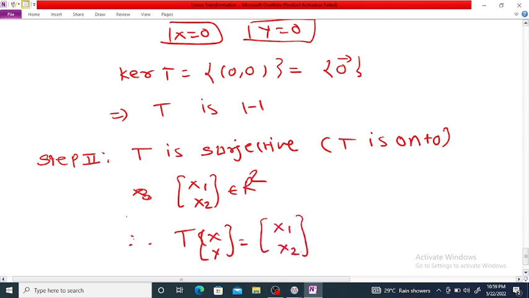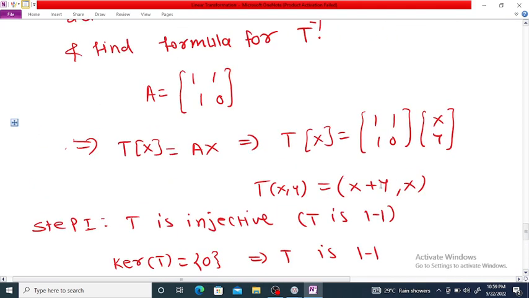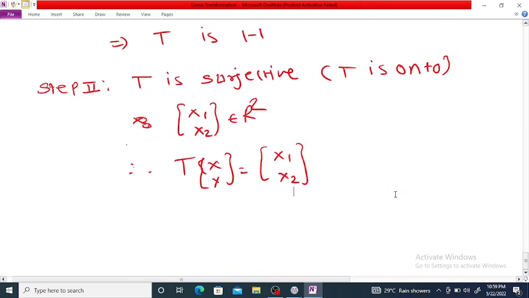We want to determine x and y in terms of x1 x2. So what is T of x y here? T of x y is given as AX. So what is AX here? This is nothing but x plus y, x. So it is equal to x1 x2.